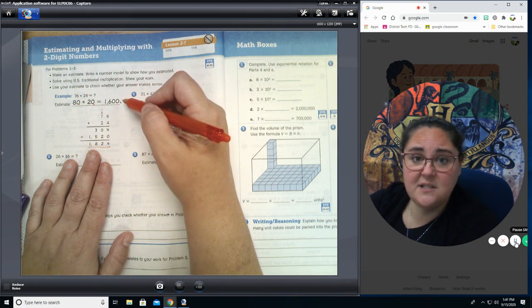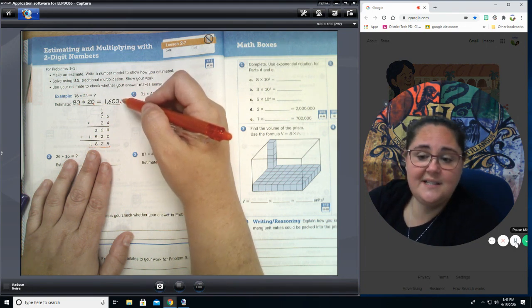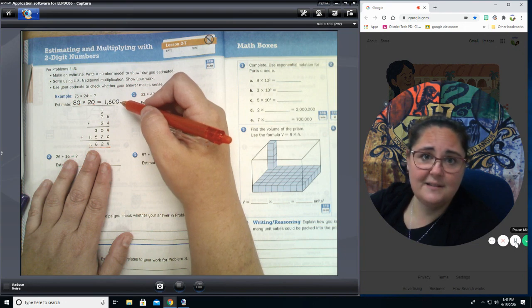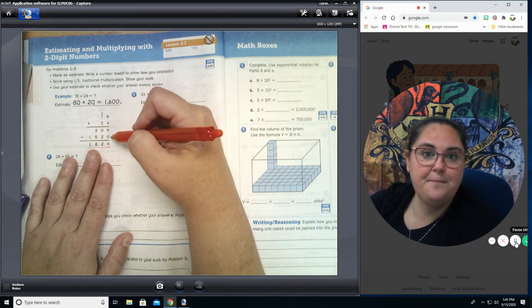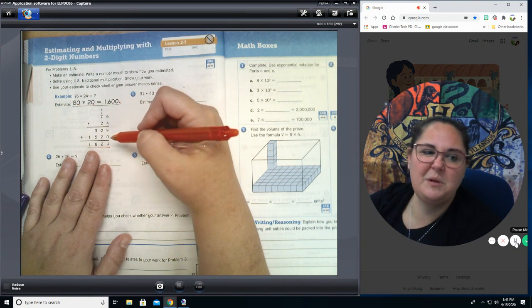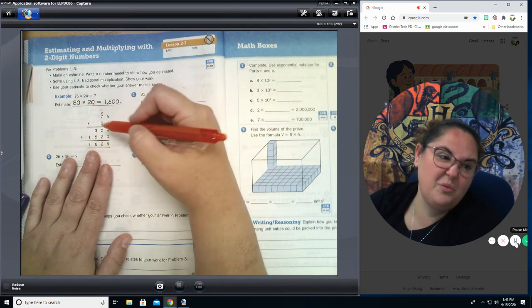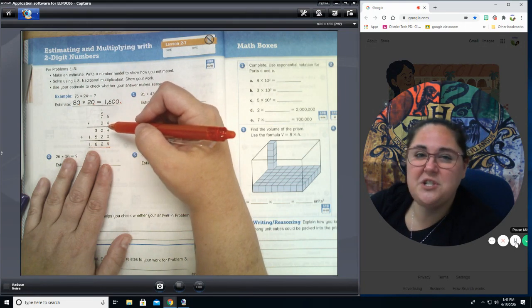Yeah, I would say it's close enough. It's an estimate. It doesn't have to be perfect. Now, if their estimate said 1,600 and say their answer was 1,000, that's way off. But if it's within a couple, like 100 or so, 200, it's okay, especially with multiplication.